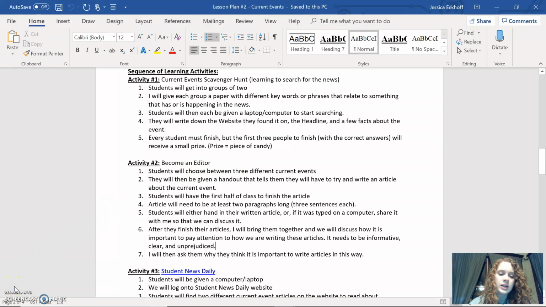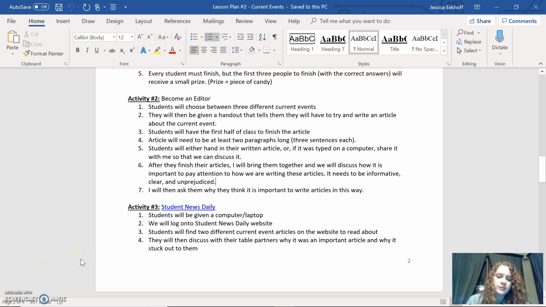I really just want them to pay attention to how they're writing it and what they're going to include, so that they can learn how to get the facts across and realize how important it is to be able to explain to people what is happening. And then I'll go over and ask them why it's important to write their articles in this certain way. Just see if they understand, and then we can continue that discussion.